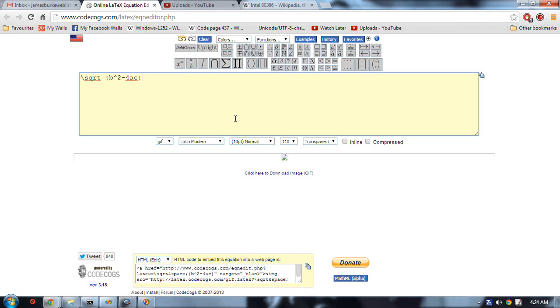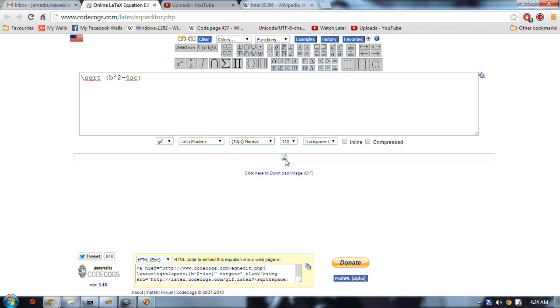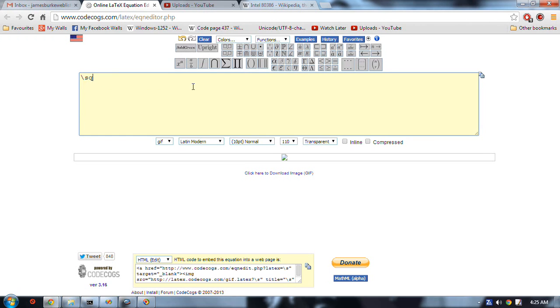I can't believe these things. I don't want to download the image. View image. F5. The SQRT is on.